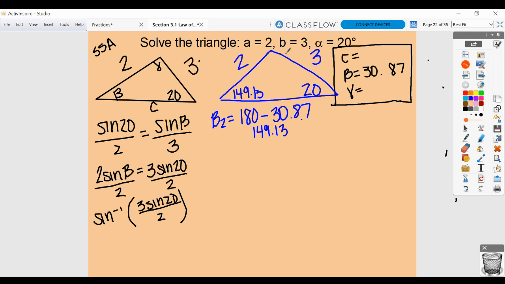So when you go to add these together, you want to see if it's over 180 or less than 180. So you do 149 plus 20, you end up getting 169. So since it's less than 180, you do have two triangles.